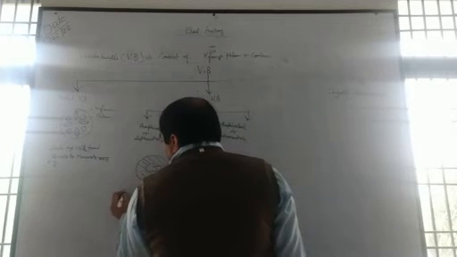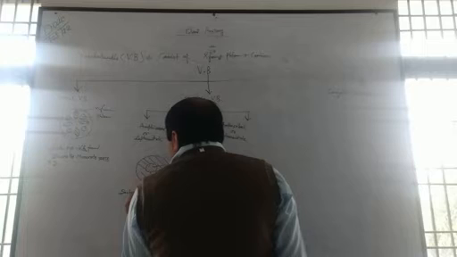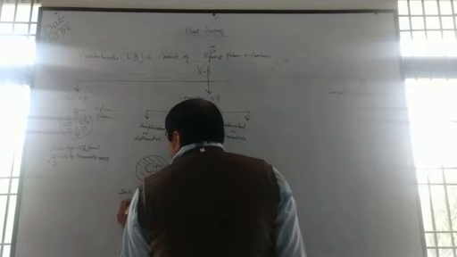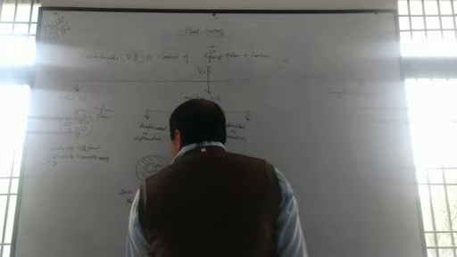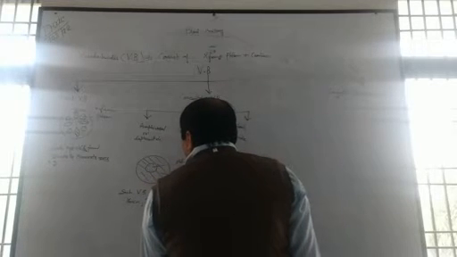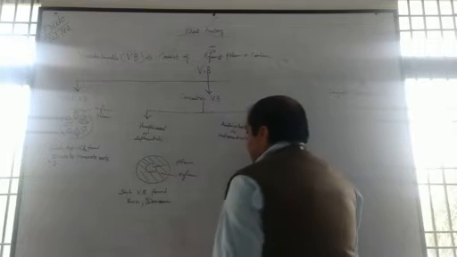This type of vascular bundle is found in Yucca and Dracaena plants.